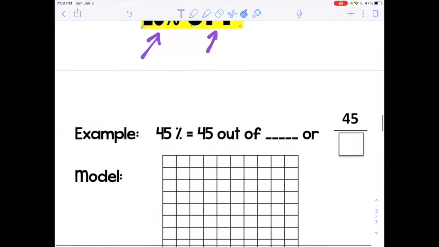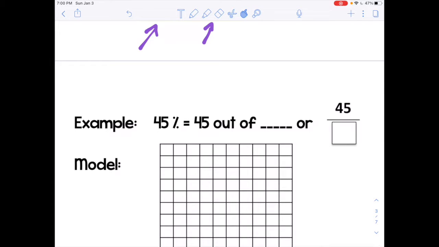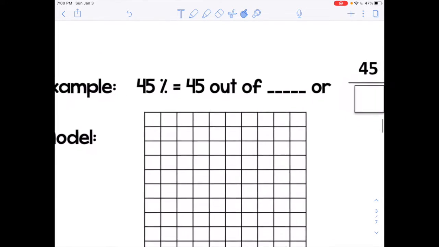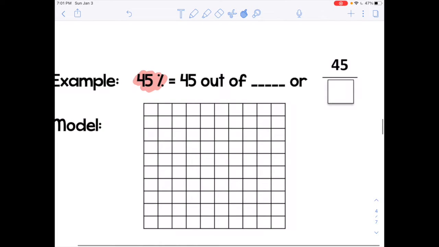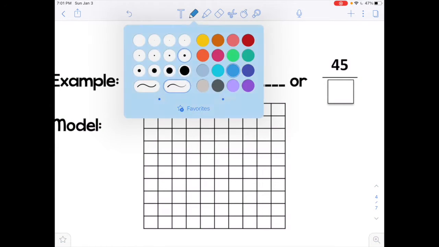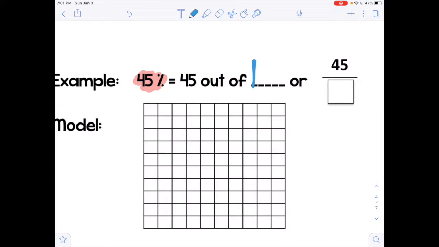Our I can statement said that I can model a percent on a grid. So here's our first example. It says 45%. I'm going to rewrite 45% as 45 out of 100. Remember, the percent sign means 100.